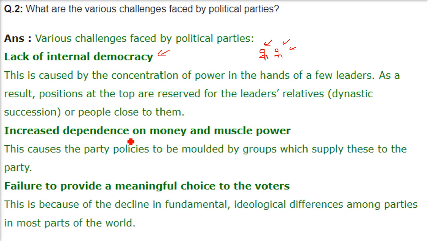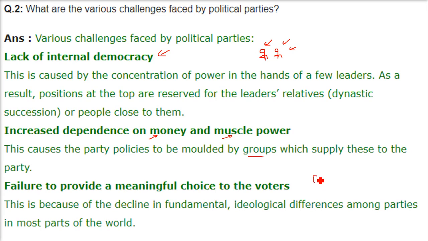Then increased dependence on money and muscle power, and this causes the party policies to be molded by these groups which supply these to the party, that is the money and the muscle power, paisa or bahubal. Then failing to provide meaningful choices to the voters, that is failure of providing options.